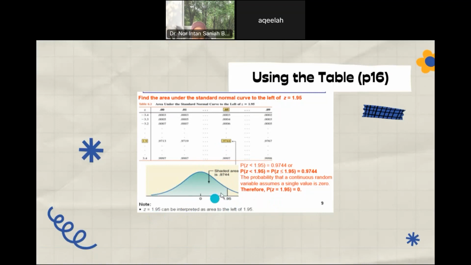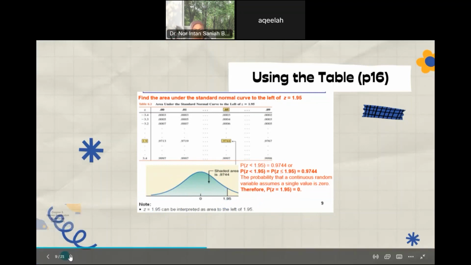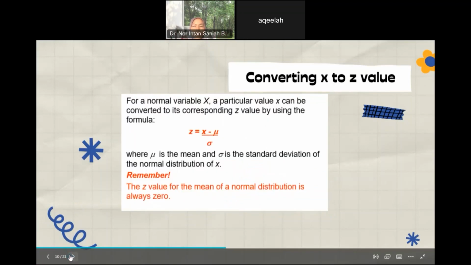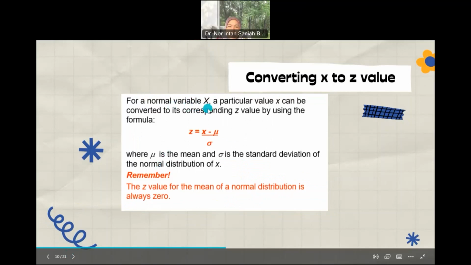But remember that the negative value only indicates that it will be to the left or to the right. Alright, so how do we convert x to a z value for a normal variable x?